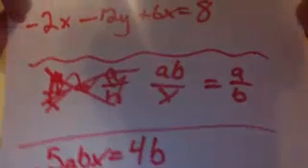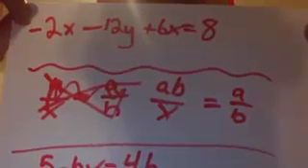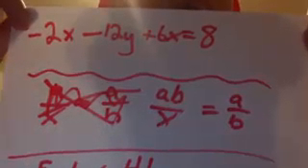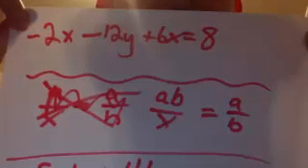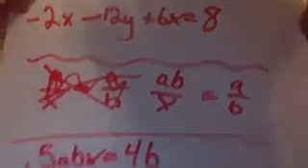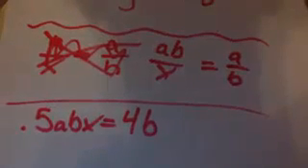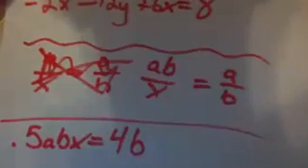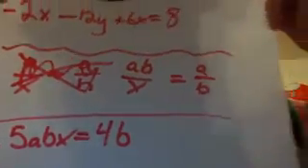So there's your problems. Negative 2x minus 12y plus 6x equals 8. ab over x equals a over b. And, sorry about that, 0.5abx equals 4b. Those are your 3 literal equations problems that I think are a good representation.